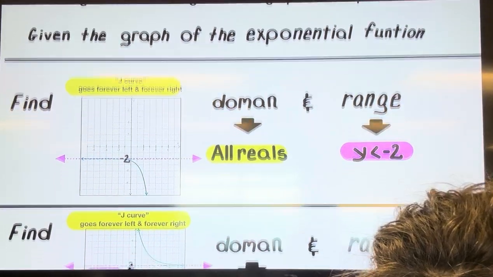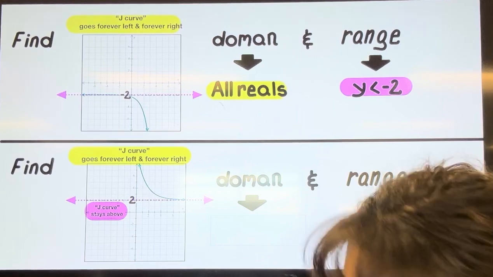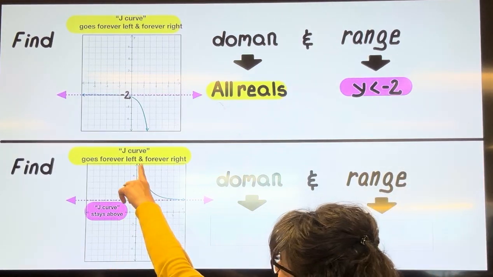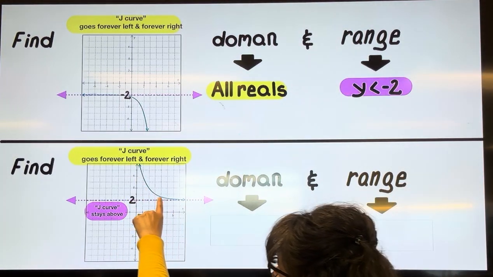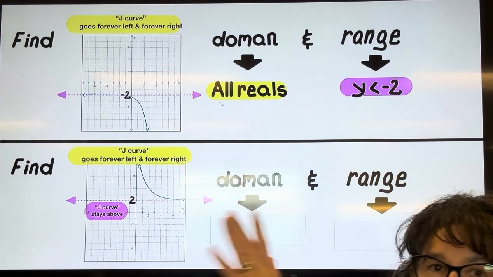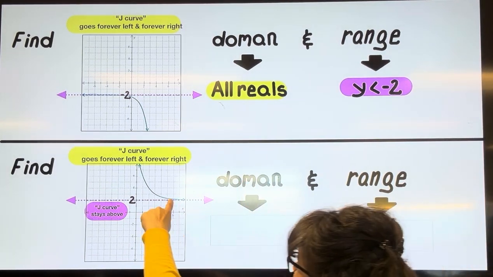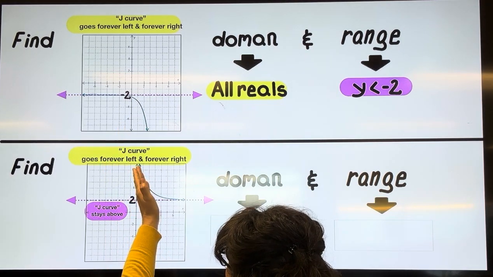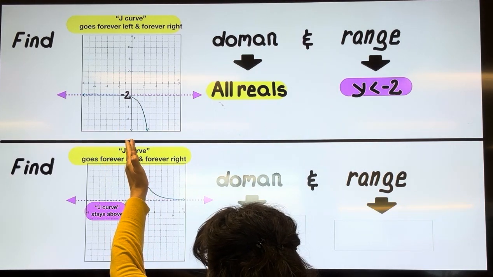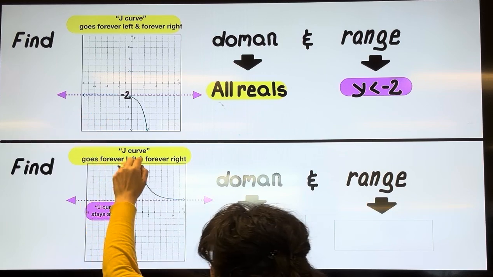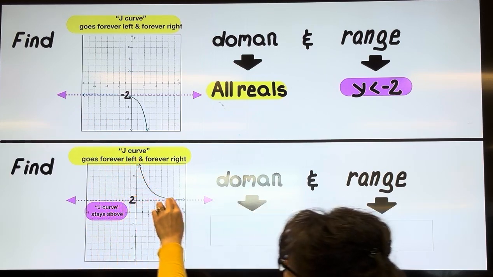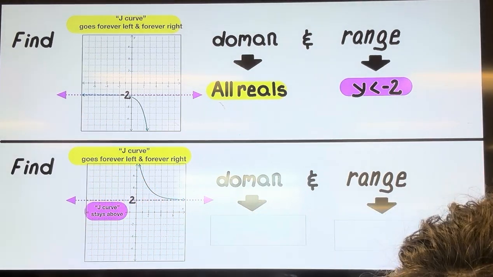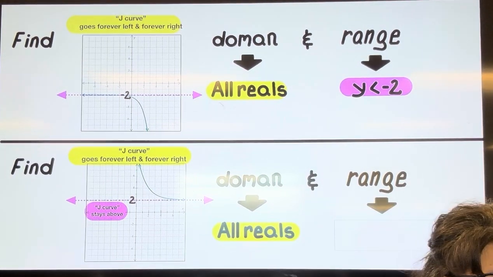Okay, so let's look at a couple more examples. For this exponential curve, the domain asks how far left, how far right. This blue curve is going to go forever to the left and forever to the right, so the domain is all real numbers.